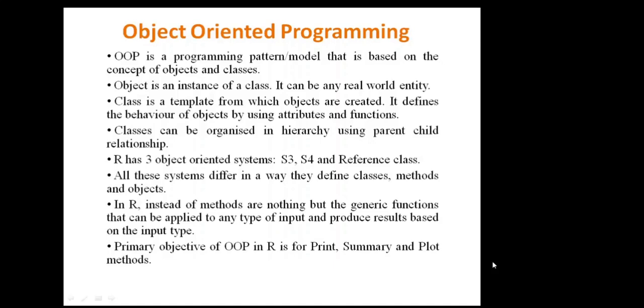If we want to print the value of a vector, we pass the vector as an argument to print, and it will call the method which is used to print a vector. If we pass a data frame as an argument, then after receiving it, the print function will invoke the method which is used to print the value of a data frame. So that is the generic function concept in R programming.